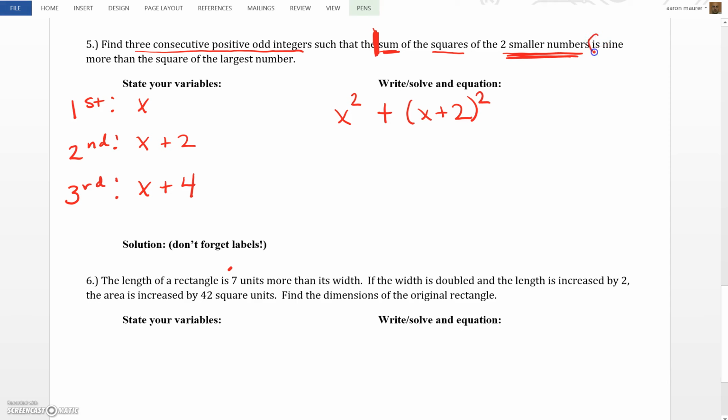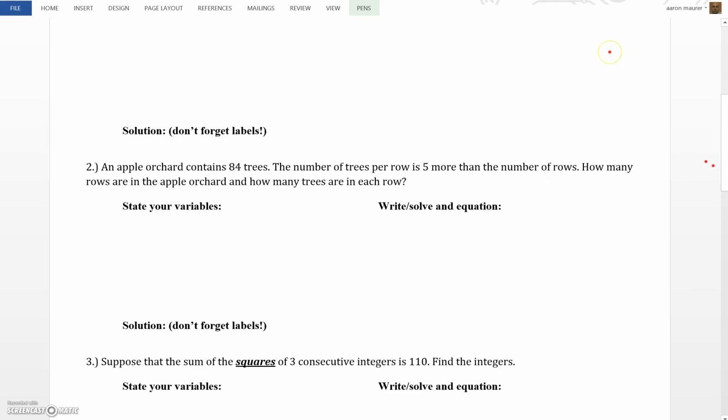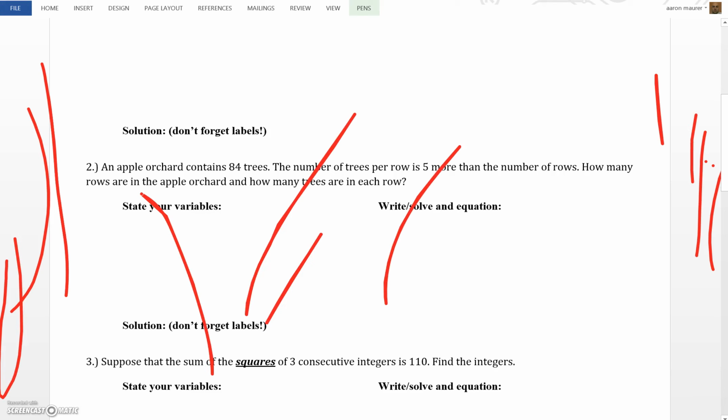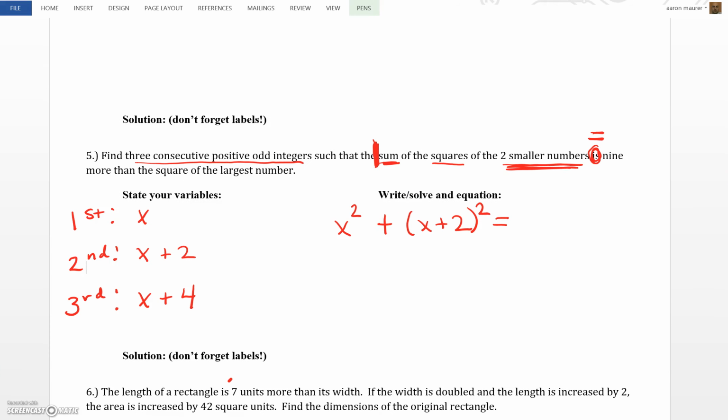Then if we continue up here, we have the keyword is. Please circle that. The word is means equal, like it always has. So is equals 9 more than, so I'm going to be adding 9 to the square of the largest number.